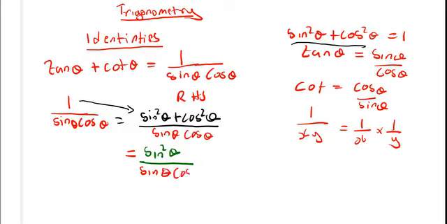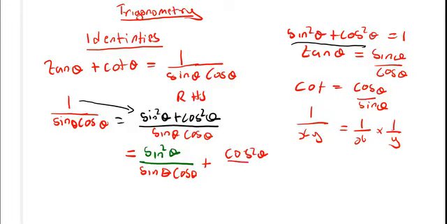Plus cos squared theta. Since I've split the numerators, the addition is the same addition. The sine squared is the same sine squared theta, and the cos squared of theta is the same cos squared of theta that we have here.